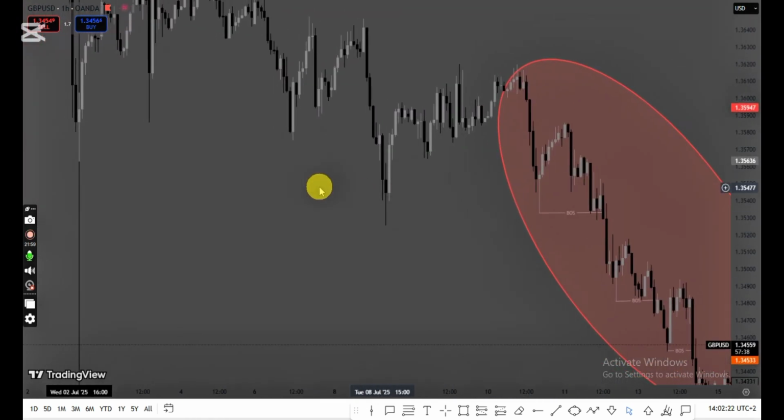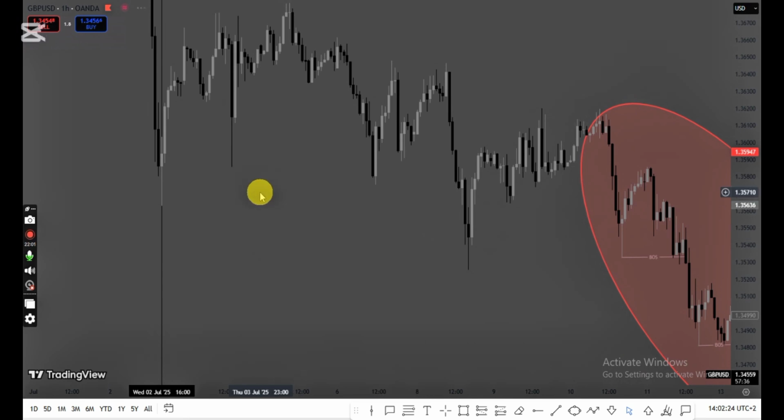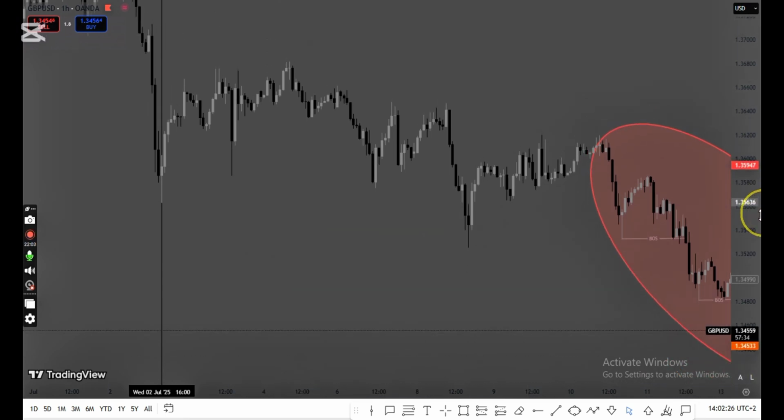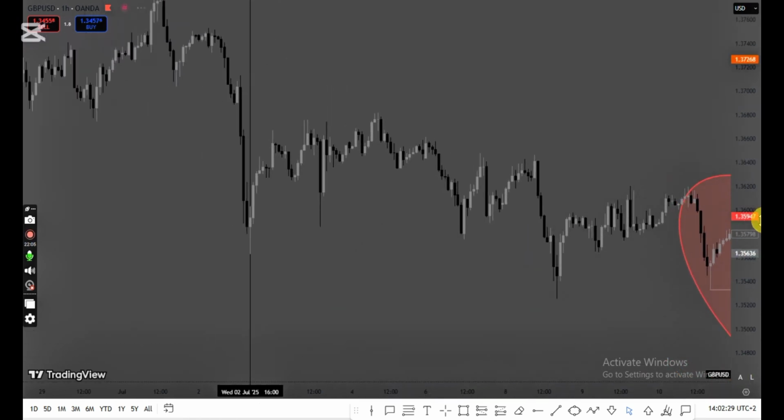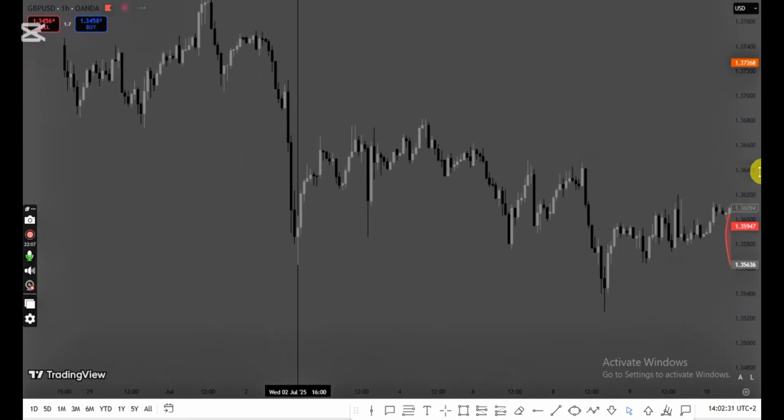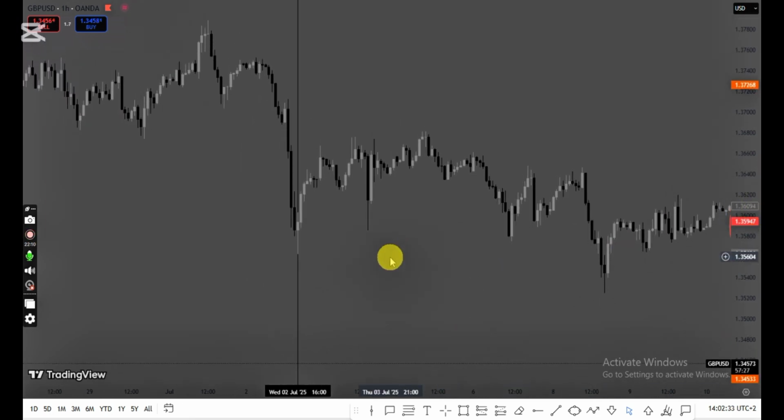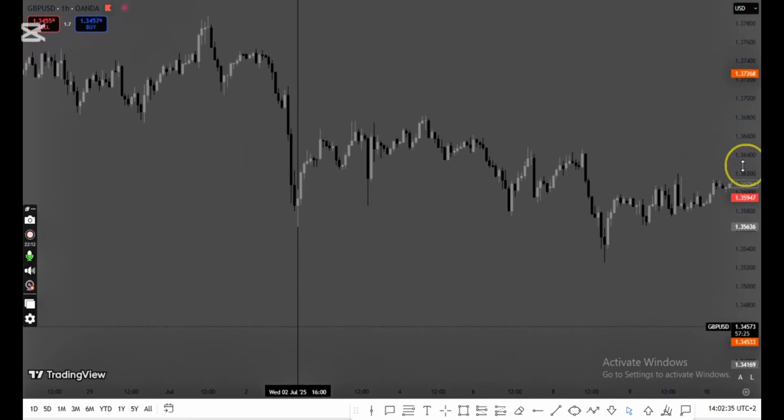So when we understand the trending market, now we also need to have an understanding of how price tends to range in one place, right? I just want to minimize here.